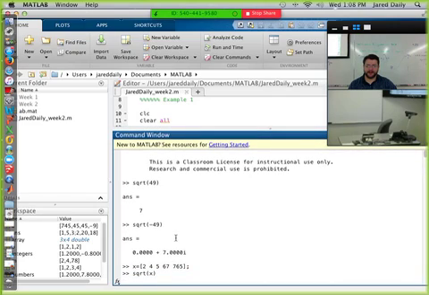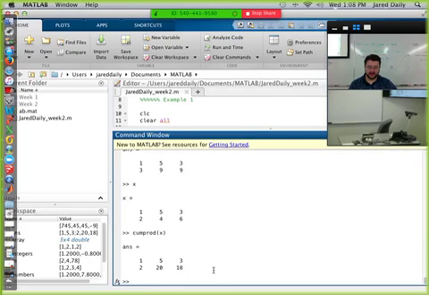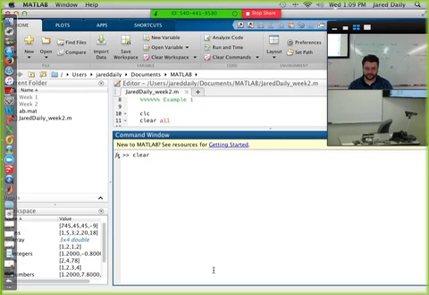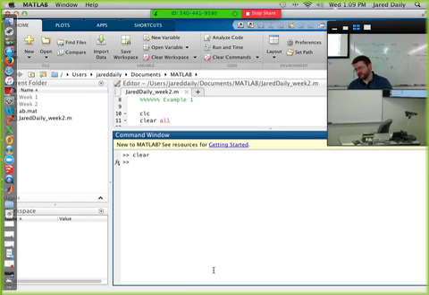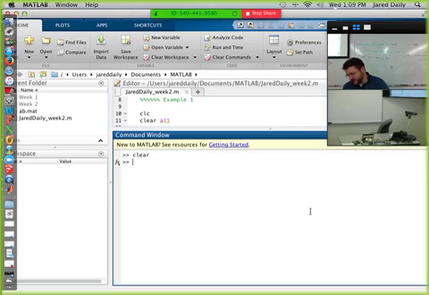So we're going to start with an array. I'm going to go ahead and clear out this mess. So I've cleared off my workspace over here. I've cleared out my window. And now I want to start with a new array.